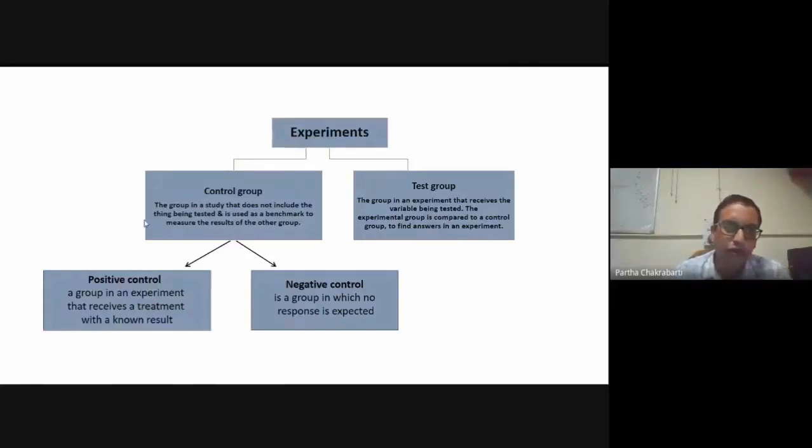So the control is the group which does not include the thing being tested, or is used as a benchmark to measure the results of the other group, right? So you know the control, what is going to happen. So you always have to design an experimental arm where you will definitely know that the results will be either positive or negative. So there are positive controls and there are negative controls, right?